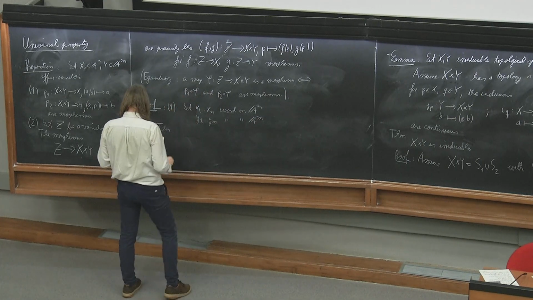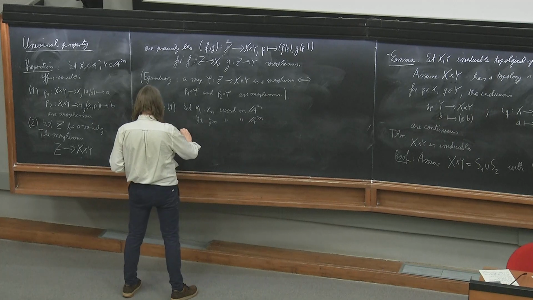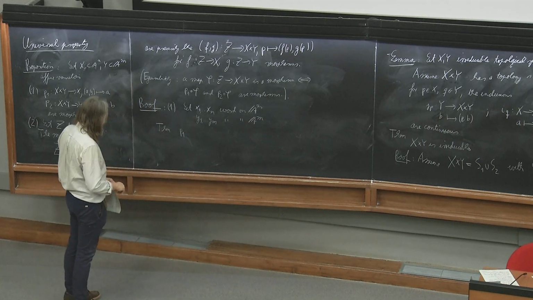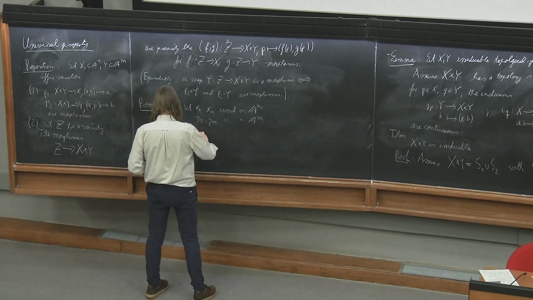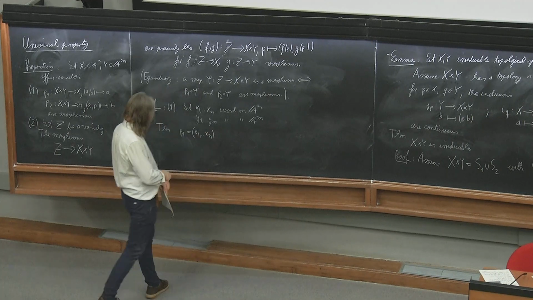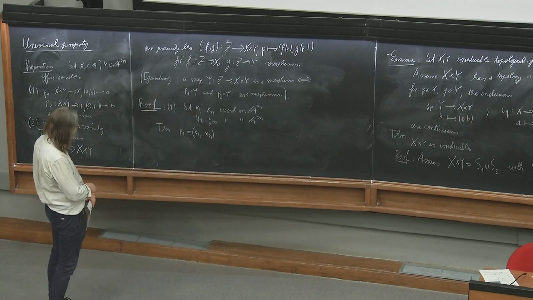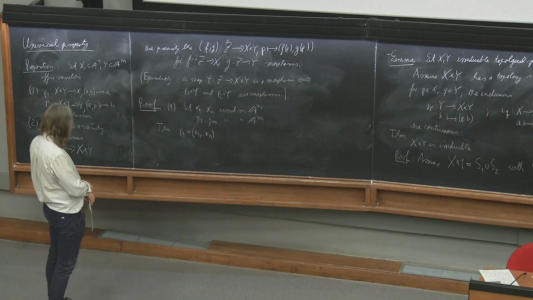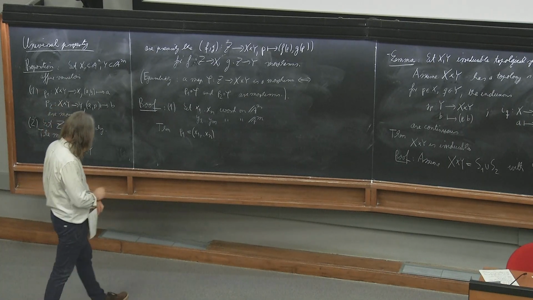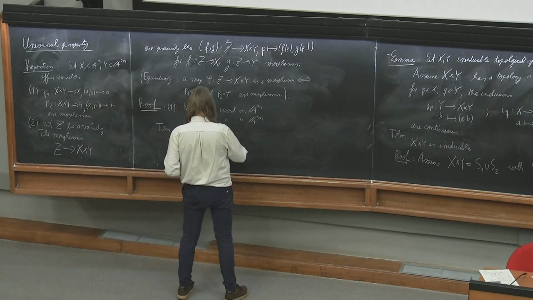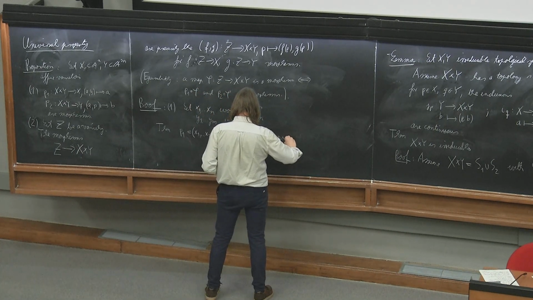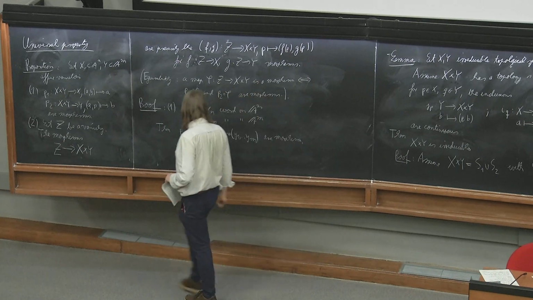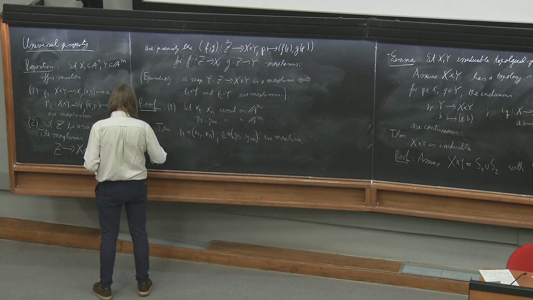Then P1, the projection to the first vector, is just given by the coordinates x1 to xn. So therefore, it's a polynomial. It's given by regular functions. You could also say it's a polynomial map of affine varieties. And in the same way, P2 will just be y1 to ym. They are morphisms. Okay, so this is in some sense obvious.